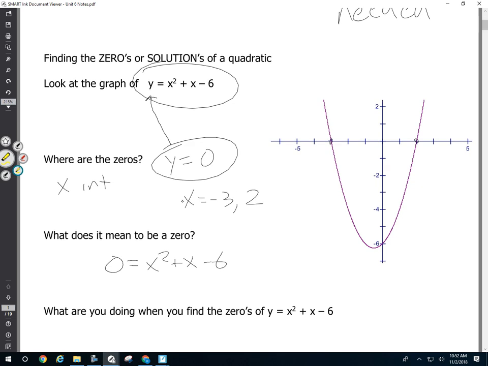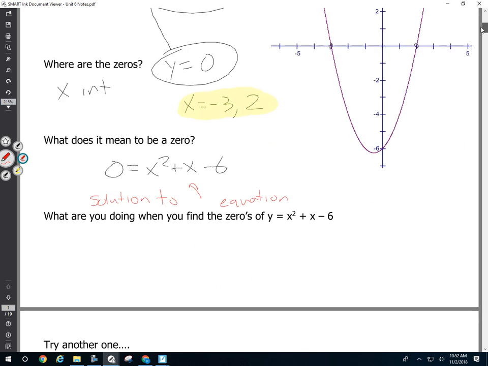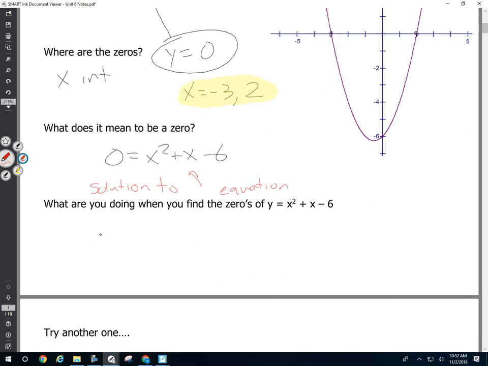Well, I can see the solutions by looking at the zeros. So it's a solution to this equation. What you're doing when you're finding the zeros is you are solving 0 equals x squared plus x minus 6.